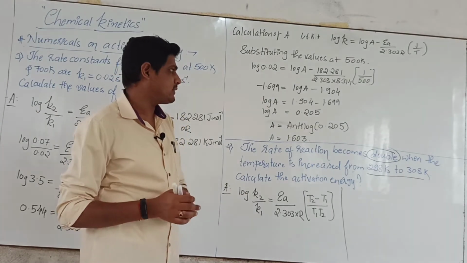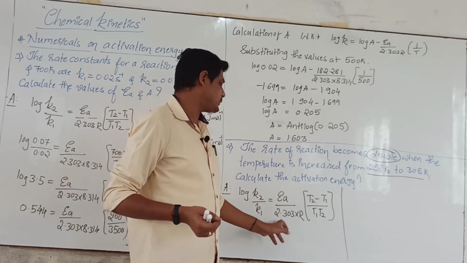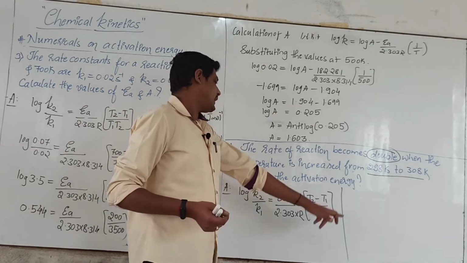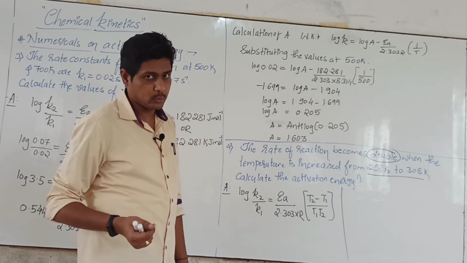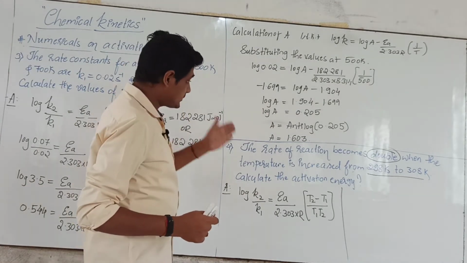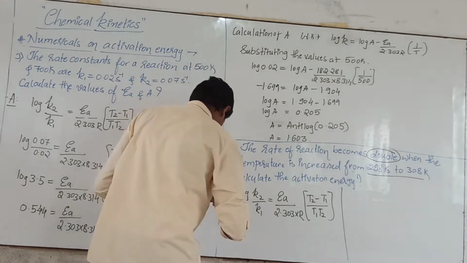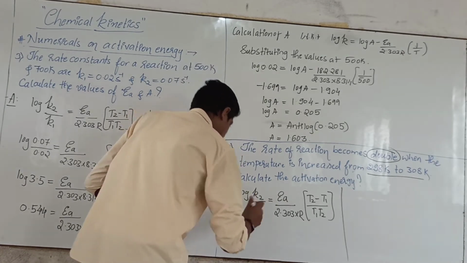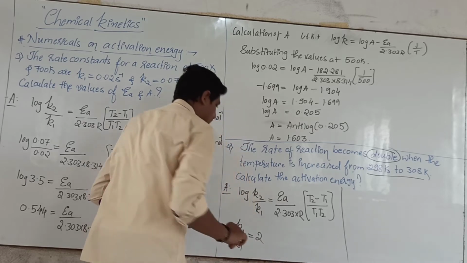Now how do we calculate? Again the same formula: log of K2 by K1 is equal to EA divided by 2.303 into R, multiplied by T2 minus T1 divided by T1 into T2. Now see, here it is given that the rate of the reaction becomes double. So it means that K2 by K1 is equal to 2.